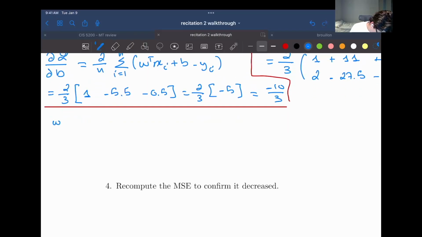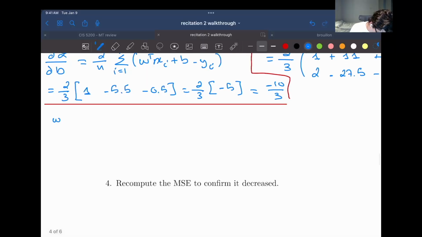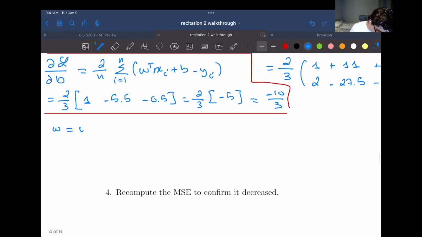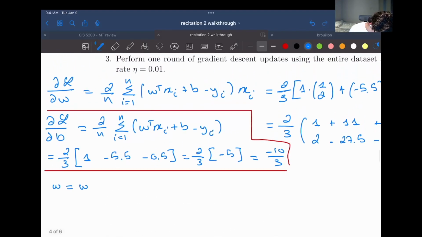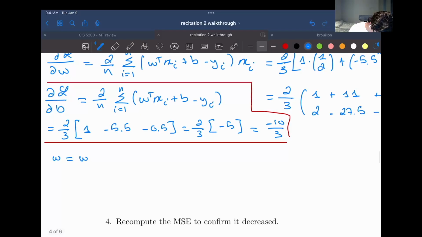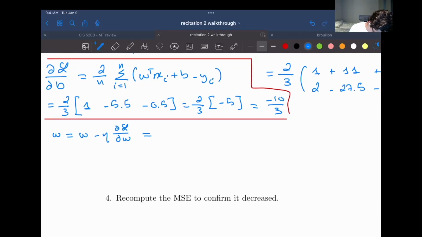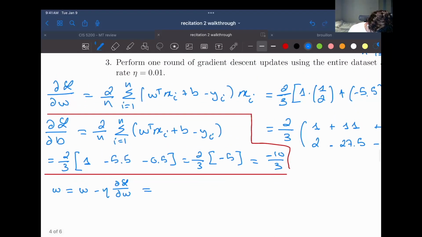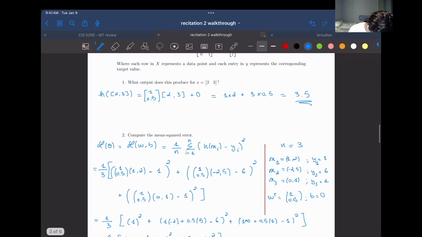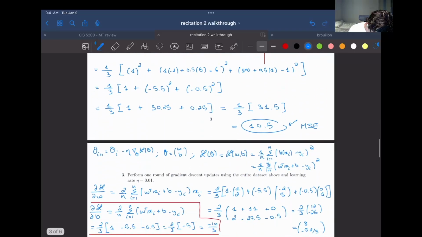So let's call this new W. Let's call this W2, whatever, new. We're all computer science students here, so we can use this, but in a math class they would not be happy. W2 is equal to W minus eta times partial L partial W, right? And so this is going to be equal to, what is the current W? 0.5.